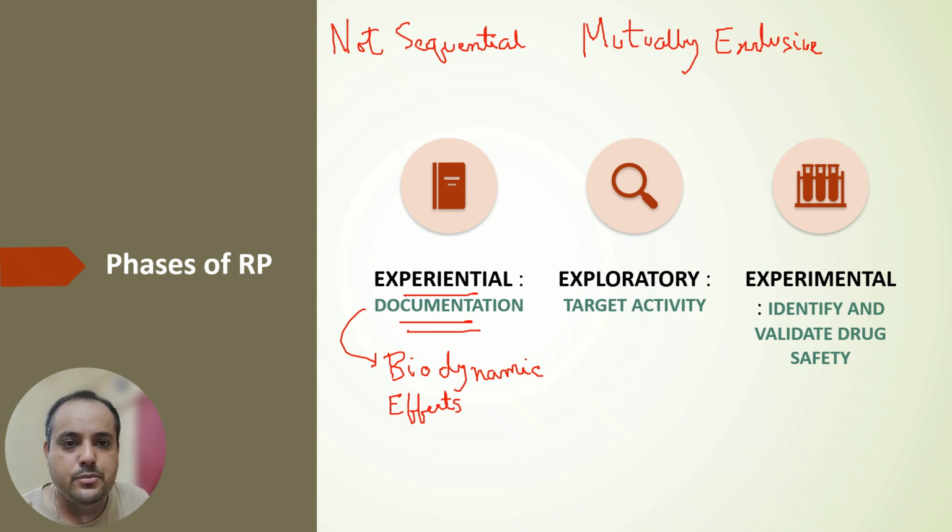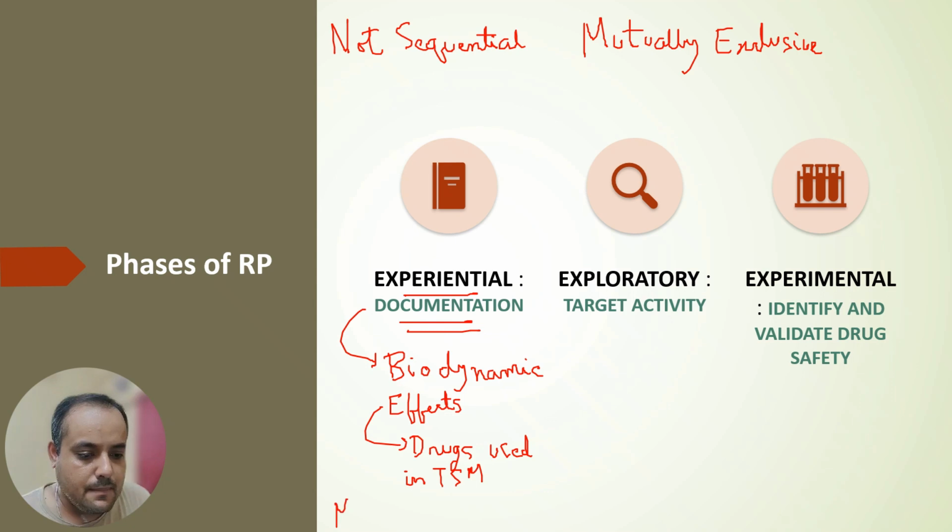We are documenting the biodynamic effects of the drugs which were used in the traditional system of medicines. So now we have got a meticulous record of all the drugs that we were using in our traditional systems.